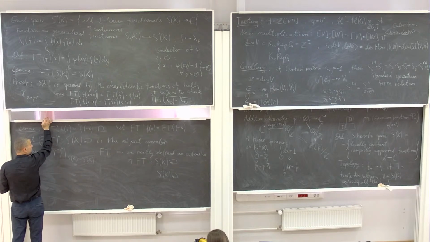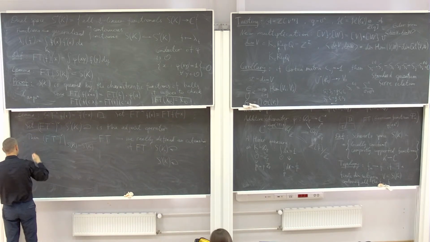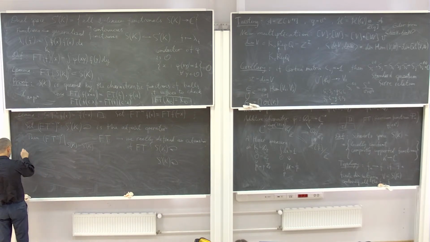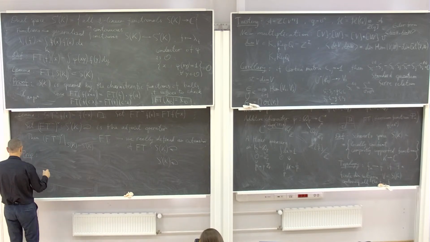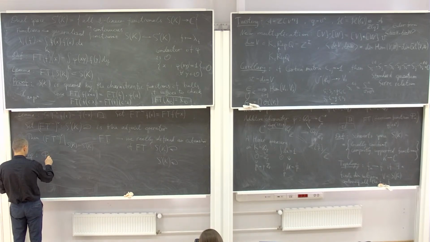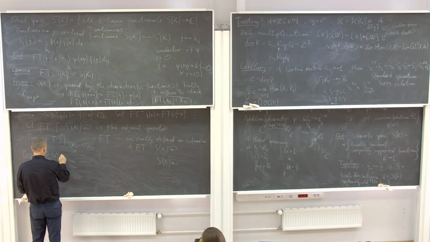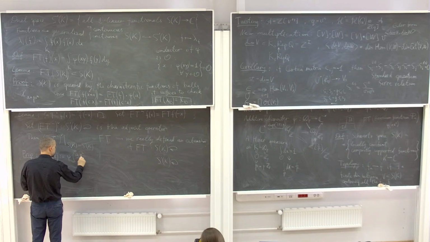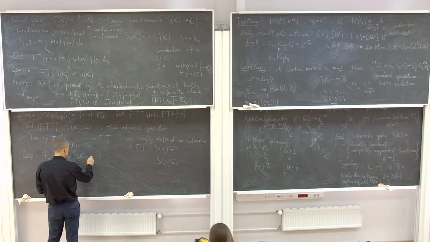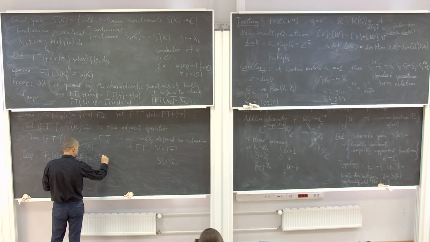And now, having this definition, we can formulate the next proposition that considers this Gaussian function. This is the character of ax squared over 2. And this is an element of the dual Schwartz space.